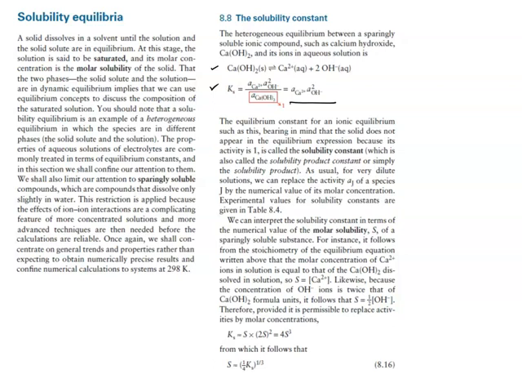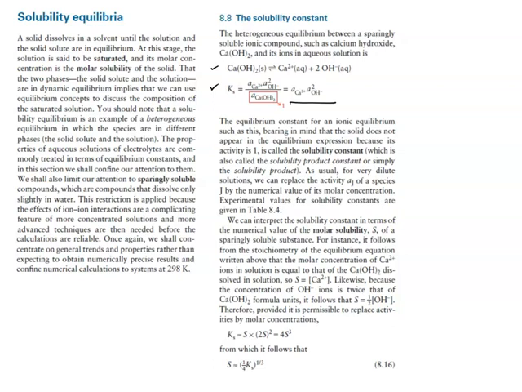We can interpret the solubility constant in terms of the numeric value of molar solubility, S, of a sparingly soluble substance. For instance, it follows from the stoichiometry of the equilibrium equation written above that the molar concentration of calcium ions in solution is equal to that of calcium hydroxide dissolved in solution. So S would equal the concentration of calcium ions.